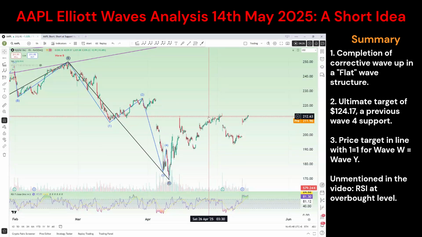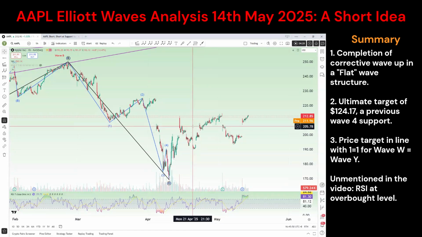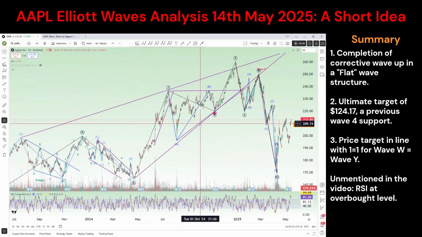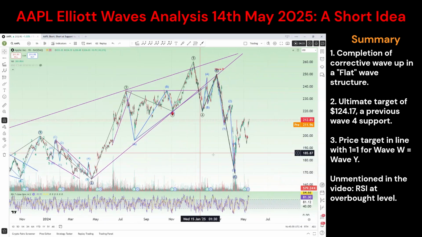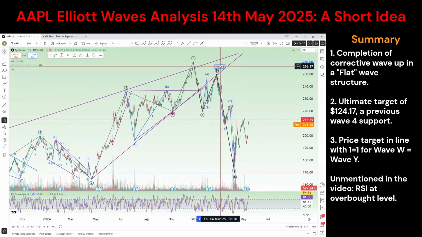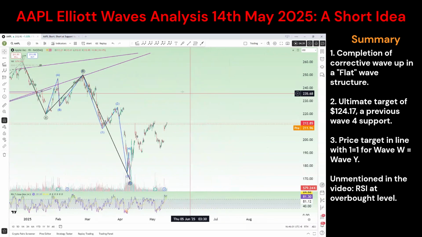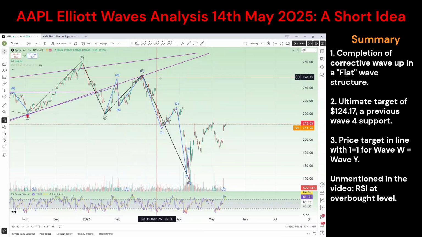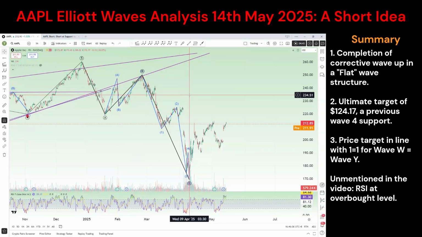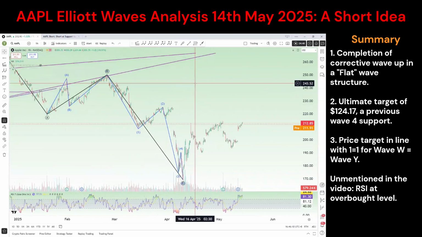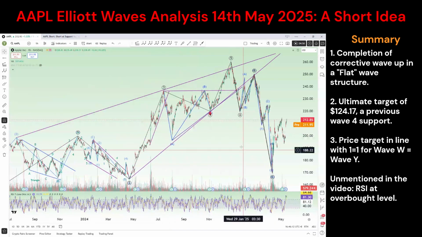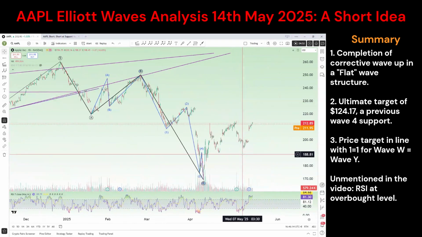Not very strong. I don't really like a 1 to 0.5 kind of relationship, but for now, I think this is correct. Let me remove this since I have the prepped count here already. So at least until 9th April, Apple has completed this ABC correction.